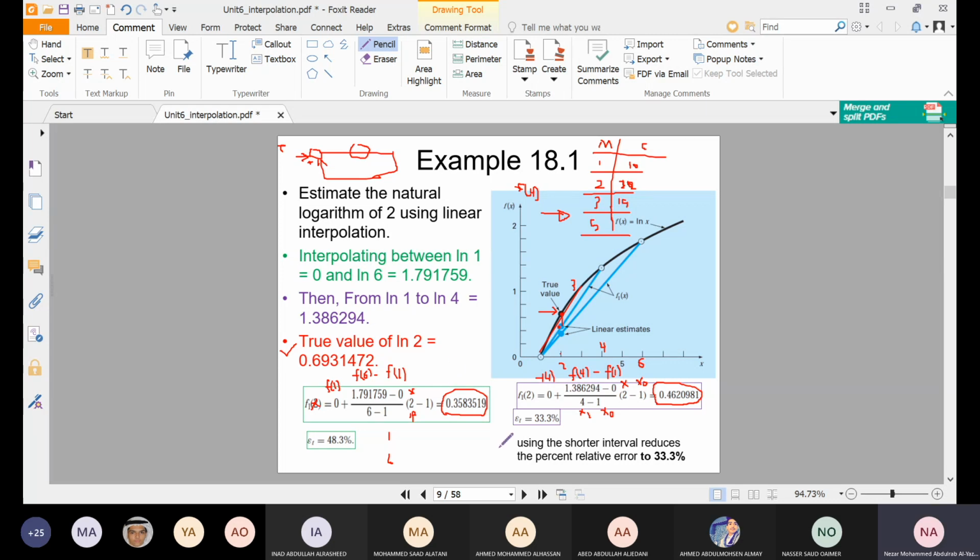Any questions here? Again, Doctor, you said the shorter interval will have less relative error? Yes, if you use a shorter interval, this should provide less error or minimum error.